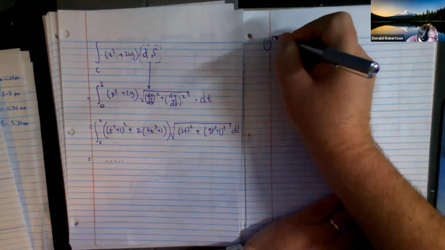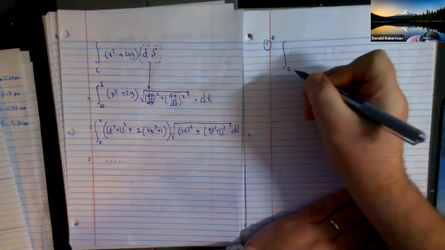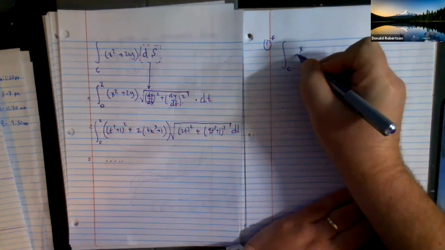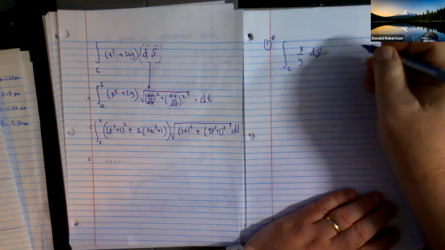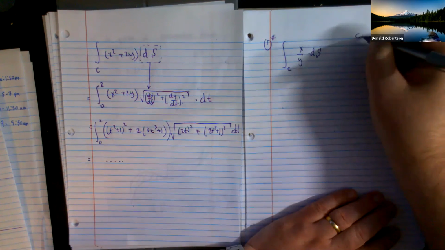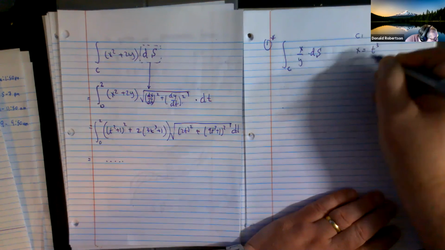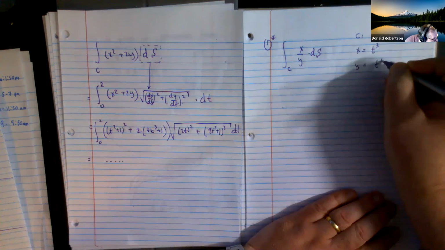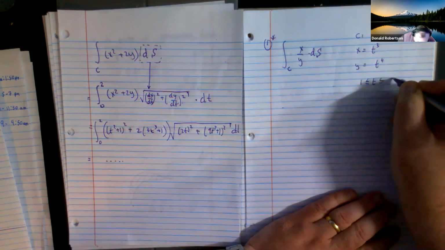So our last question for the day is question 1. We're being asked to do this guy. The function is x over y ds. We are given c in its parametric form. X is t cubed. Y is t to the 4. And t goes from 1 to 4.